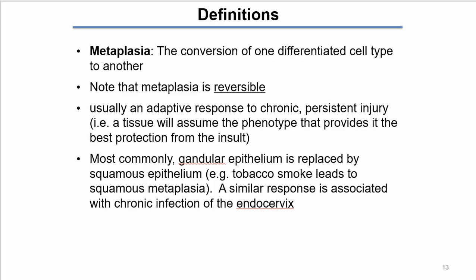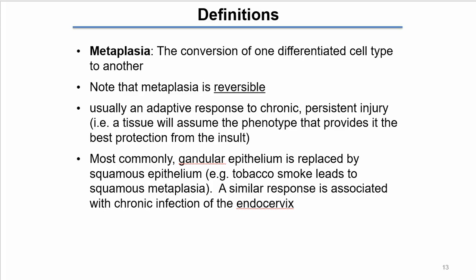Now, if the cervix itself starts getting a persistent injury, say from an infection, like genital warts, the HPV virus, then the cells start to become squamous, and you lose the ability to make the mucus that is necessary, but you gain the ability to protect against that persistent injury. So it's a trade-off.